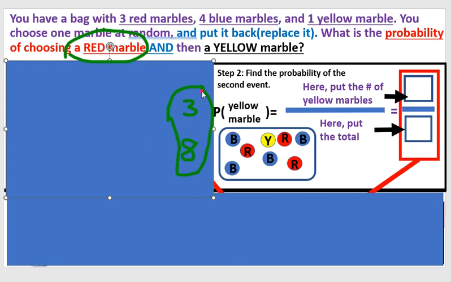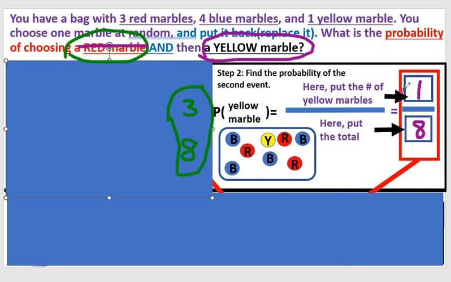And here for step 2, we are going to find the probability of choosing a yellow marble, because it says what is the probability of choosing a red marble and then a yellow marble. So we're looking at yellow now. What is the probability of choosing a yellow marble? So here for the top number we're going to put how many yellows there are. There's 1 yellow. And the bottom number you're putting the total. 1, 2, 3, 4, 5, 6, 7, 8. There are 8.